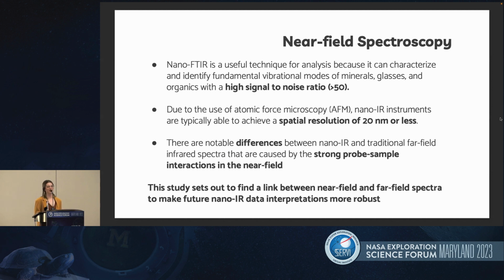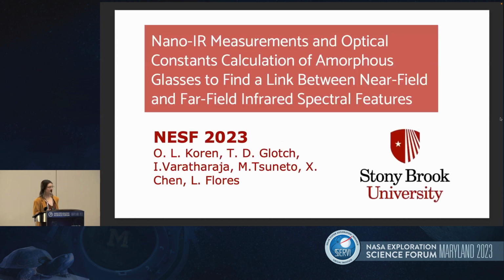But it does pose challenges because of strong probe sample interactions in the near field, which makes the spectra look different than what we're used to with far field spectroscopy. So our study here sets out to find a link between near field and far field spectroscopy to make future analyses easier, specifically for possible sample return missions to be able to analyze those samples and possibly compare them to remote sensing analysis.